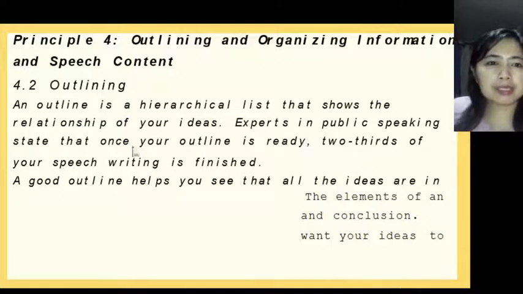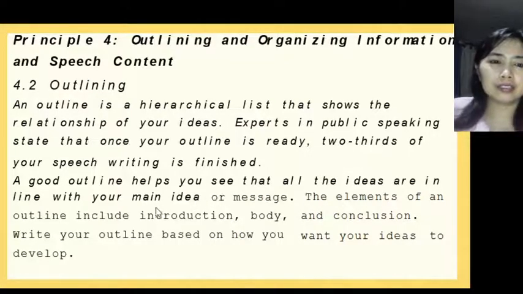Experts in public speaking state that once your outline is ready, 2/3 of your speech writing is finished. The other 1/3 is the preparation of your speech, where you master it. A good outline helps you see that all the ideas are in line with your main idea or message. The elements of an outline include the introduction, which is very important. You can write down your outline based on how you want your ideas to develop.